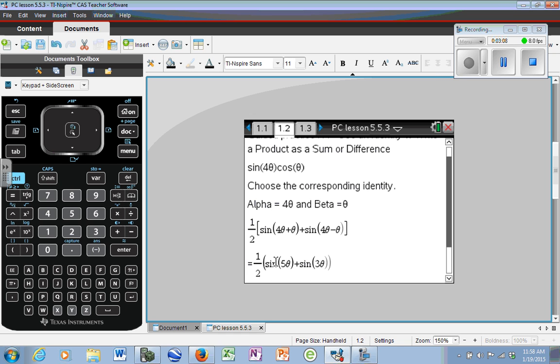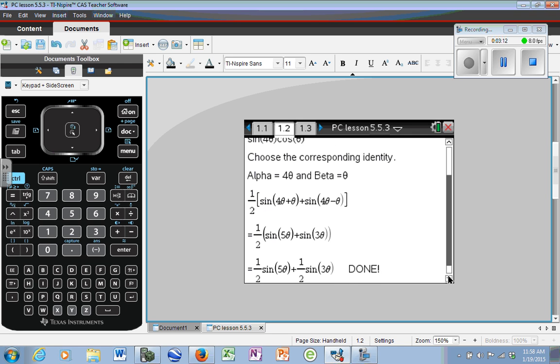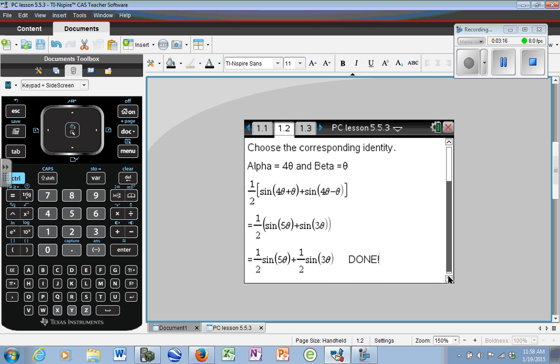And since they're both sines, this doesn't get too seriously complicated here, right? We'll do the FOIL method, and we go 1/2 times this and 1/2 times that, and we get 1/2 sine of 5 theta plus 1/2 sine 3 theta. That's all you do, because example 7 just says write as a product as a sum or a difference.